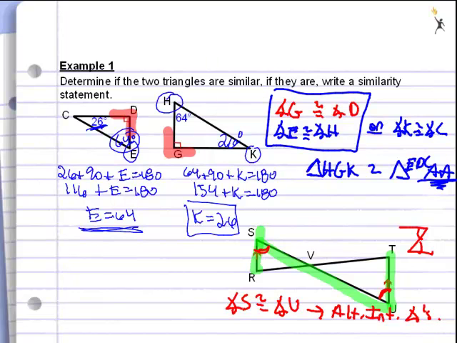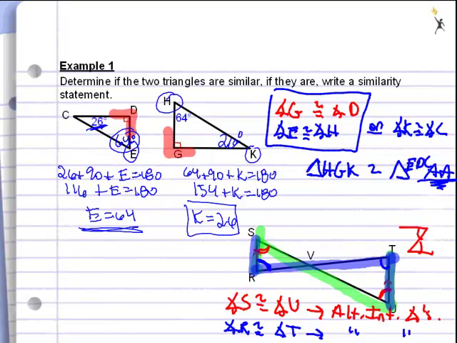I can also do the same thing for R and T. Because I have RS and UT being cut by a transversal because they're parallel and cut by a transversal, I have alternate interior angles being congruent. I have angle R congruent to angle T by the exact same reason. Alternate interior angles are congruent.